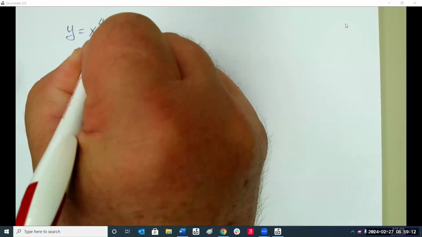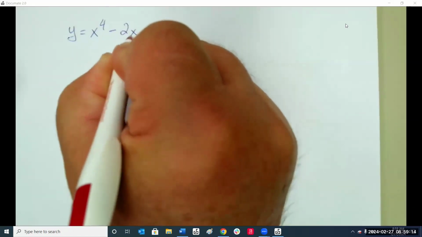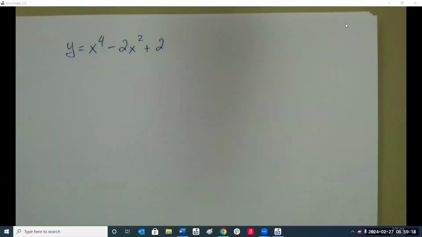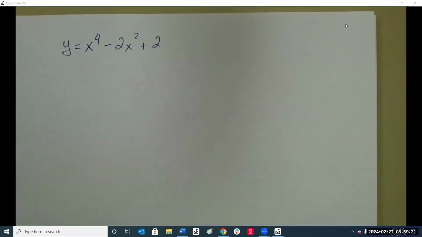Let's look at what this means. Our function was x to the 4th minus 2x squared plus 2. If I asked you just to give me the basic information, what can you tell me about this graph? What's it going to look like? What's the end behavior going to be?